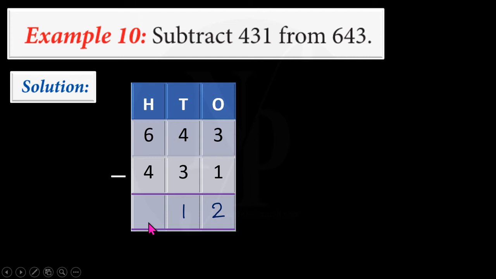So we write 2 in hundreds place here. So therefore, 212 is the answer, or the difference of 643 and 431 is 212.